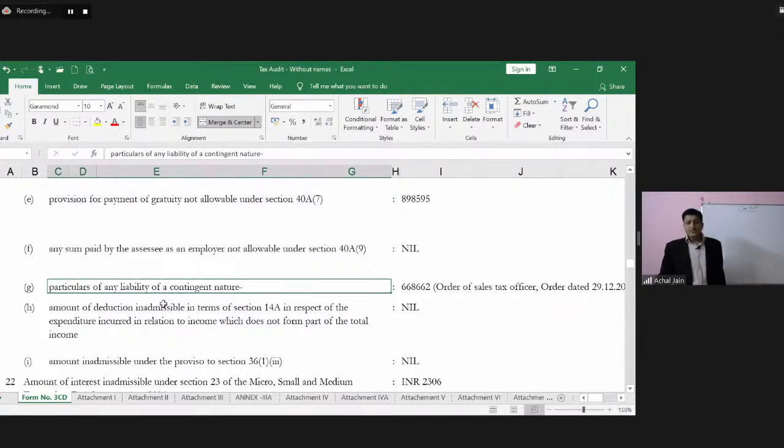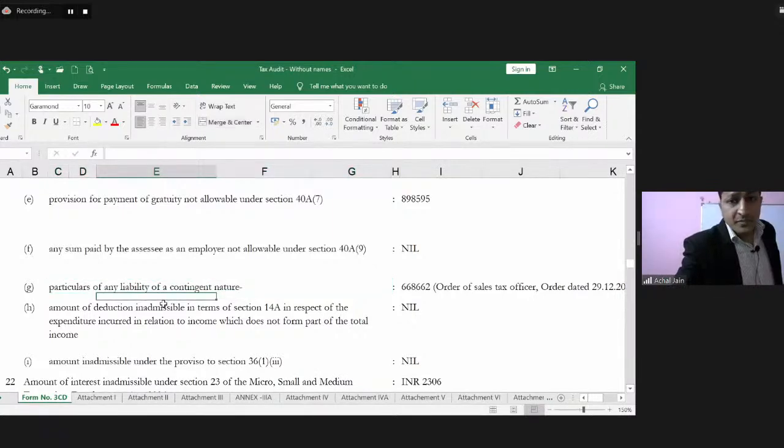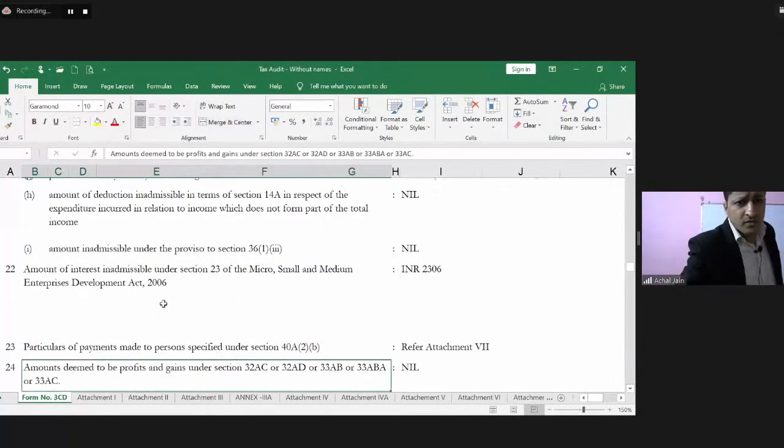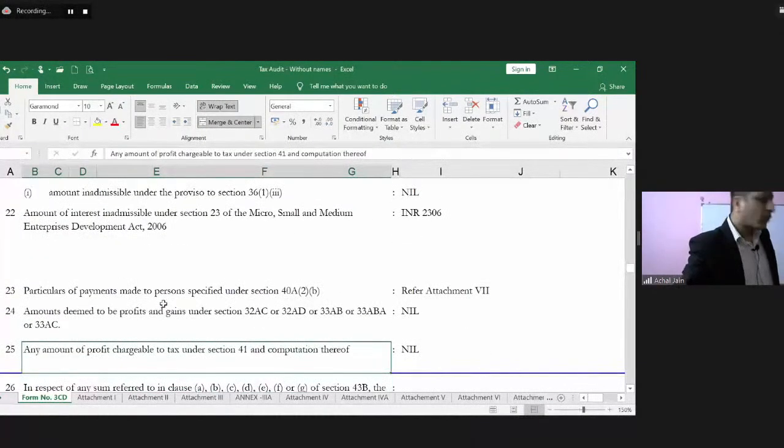Amount inadmissible under the proviso to section 36(1)(iii). All of these items, as we have discussed, once again are required to be captured from the books of accounts. In respect of contingent nature, etc., how can we verify that? Very simply, go to the financial statements and that will become the basis. And that is how the auditor will have to pull out all of this information.